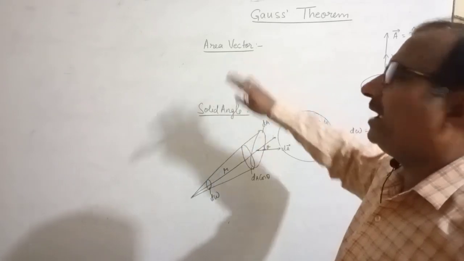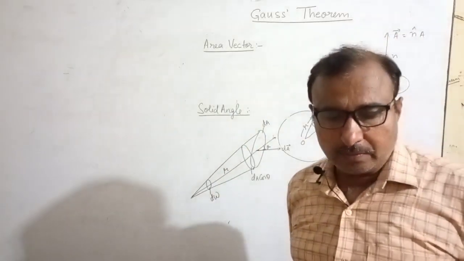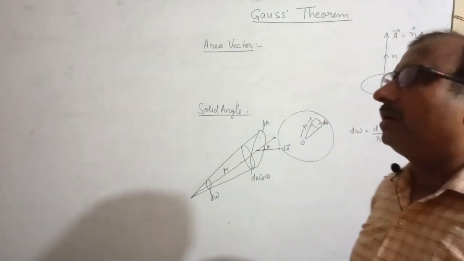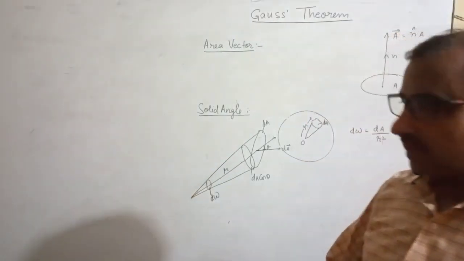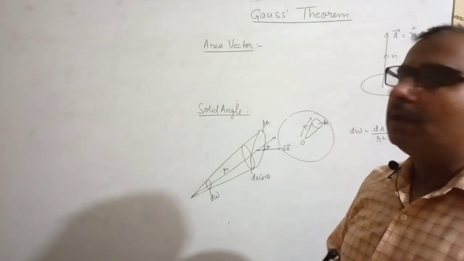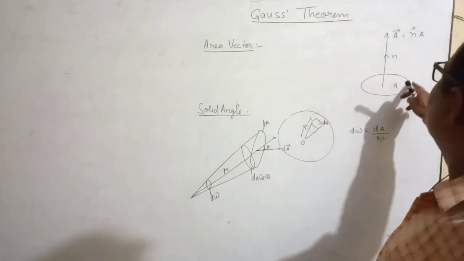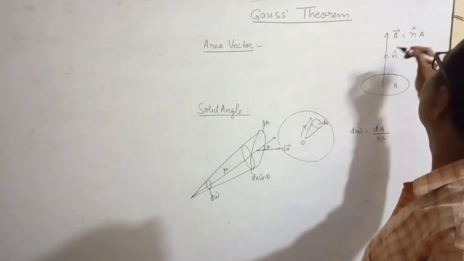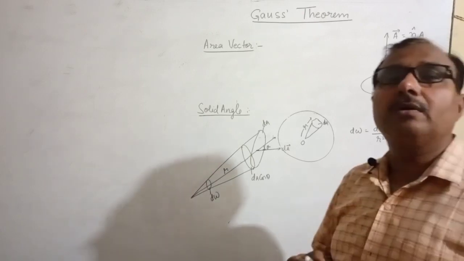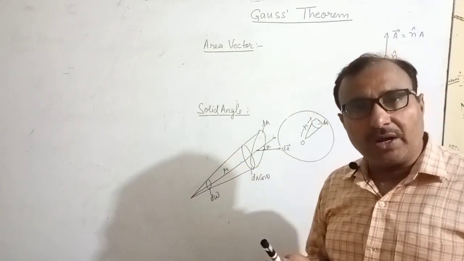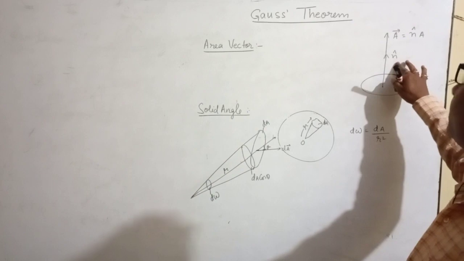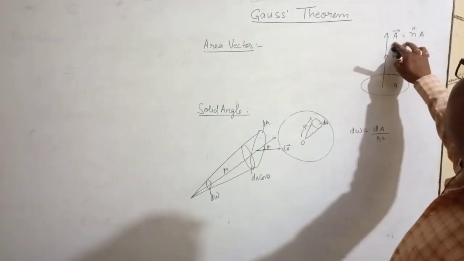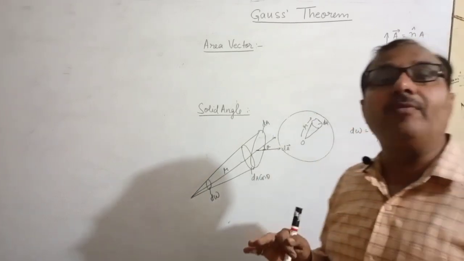Like area vector. As we all know, any surface has an area. When some area is multiplied with a unit vector perpendicular to it, we get a vector that is known as area vector.